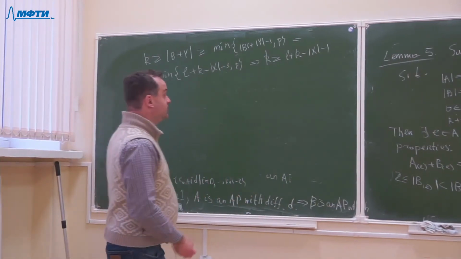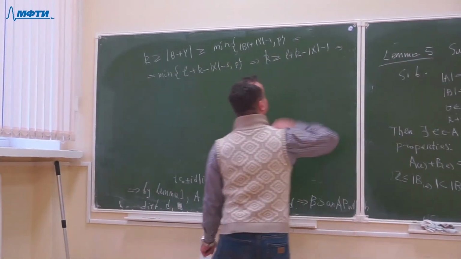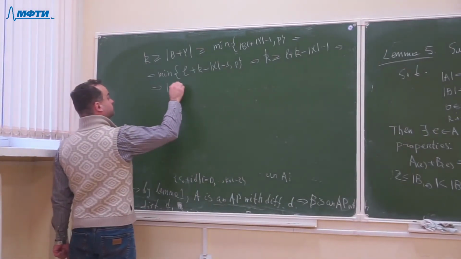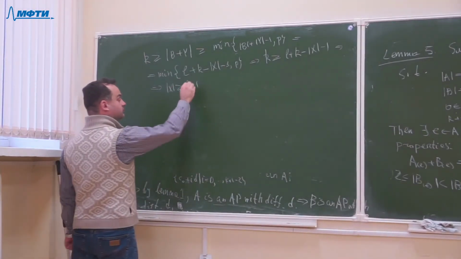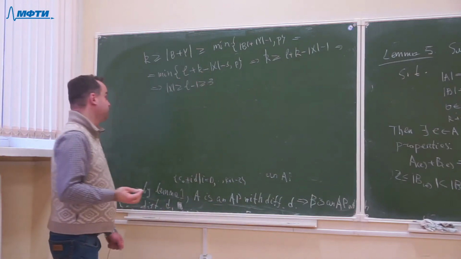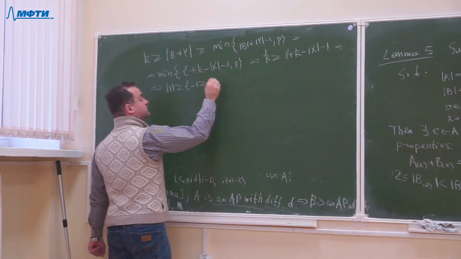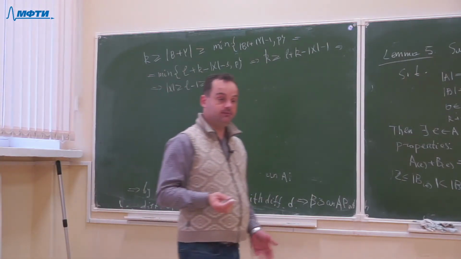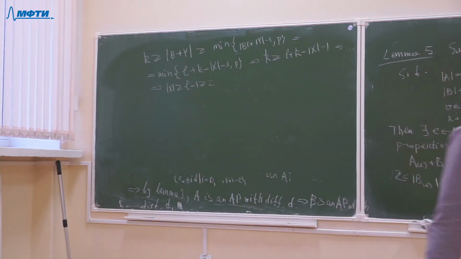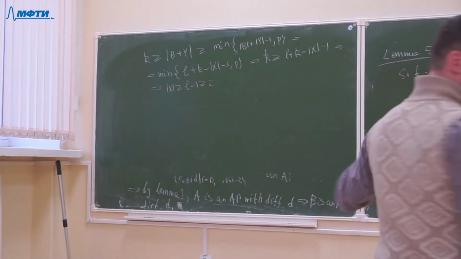Which means that cardinality of X is at least L minus 1. Right? Which is at least 3. Or 2. At least 2. That's all about the first part. So X contains at least 2 elements.